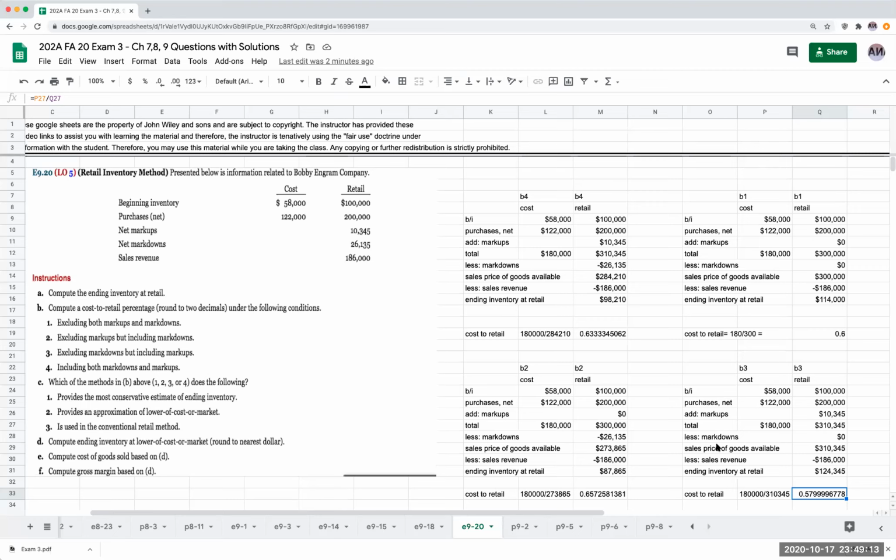Okay. The next one here is to compute ending inventory at the lower of cost or market.